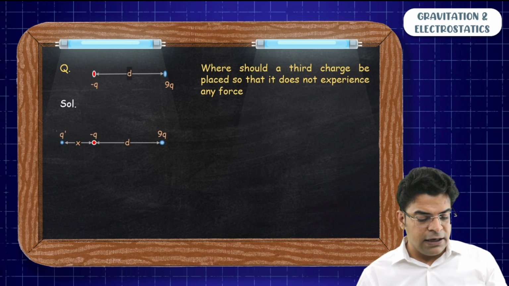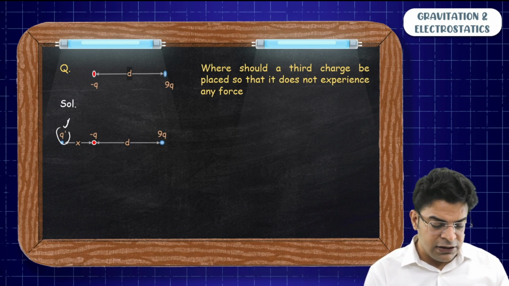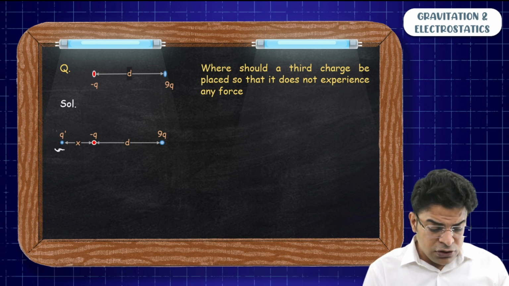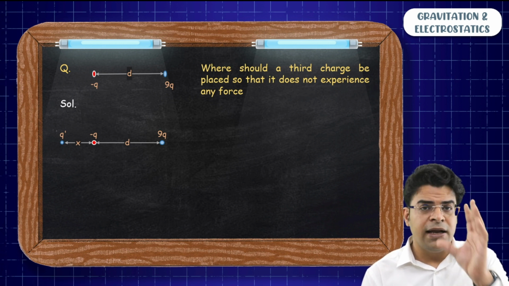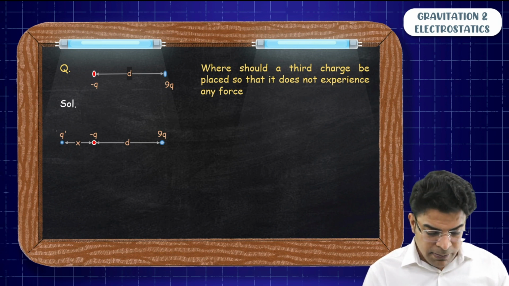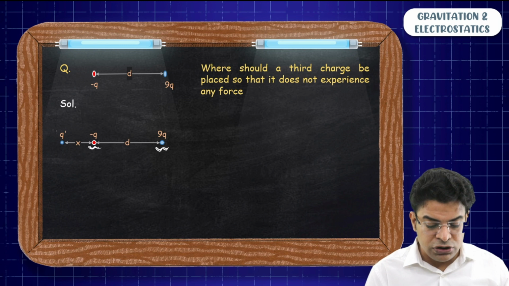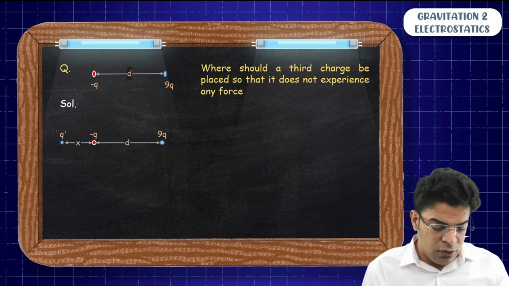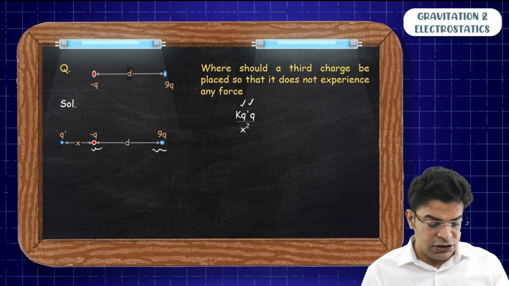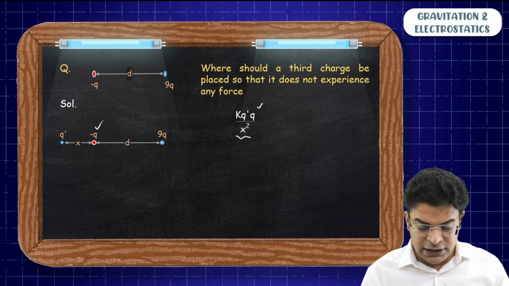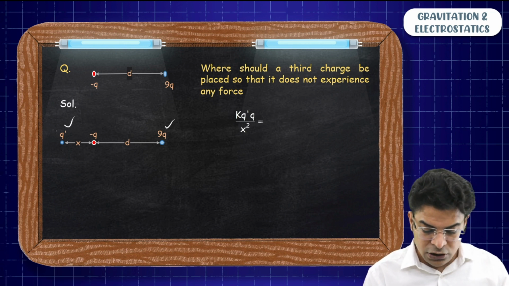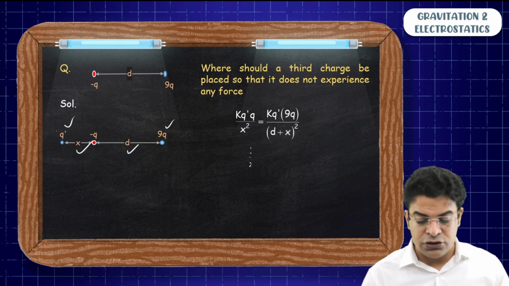So visualize that we have placed the third charge somewhere here, and this third charge is q dash. Now, if the net force on this third charge has to be 0, then the forces because of these two charges have to be equal and opposite. So the magnitude of force due to these two charges should be the same. You can write k q dash q upon x square, I am just writing the magnitude, equals k q dash into 9q upon (d plus x) whole square.